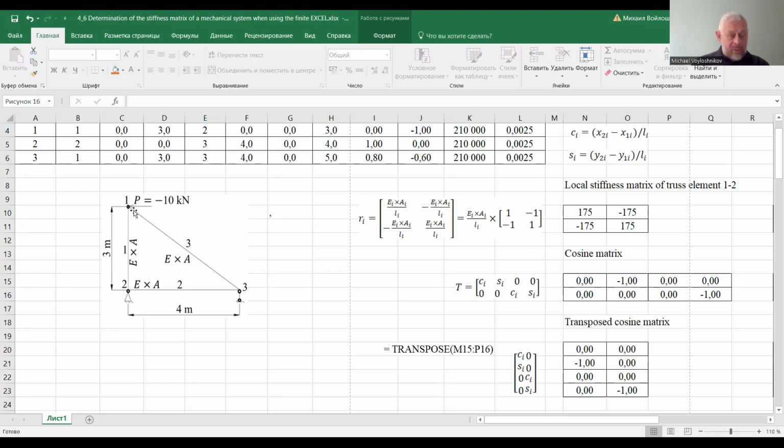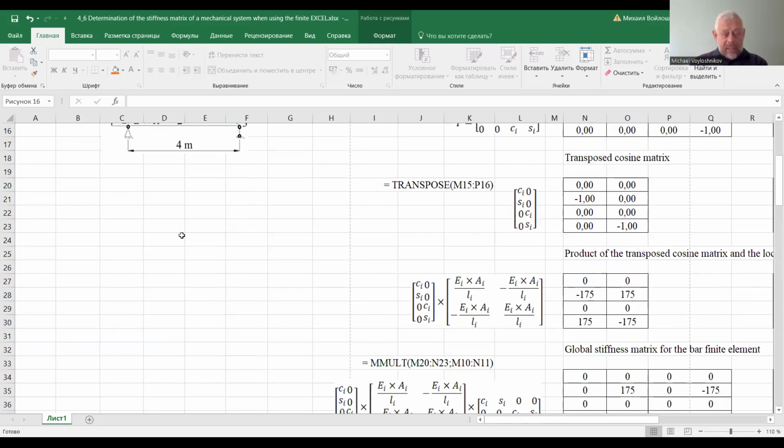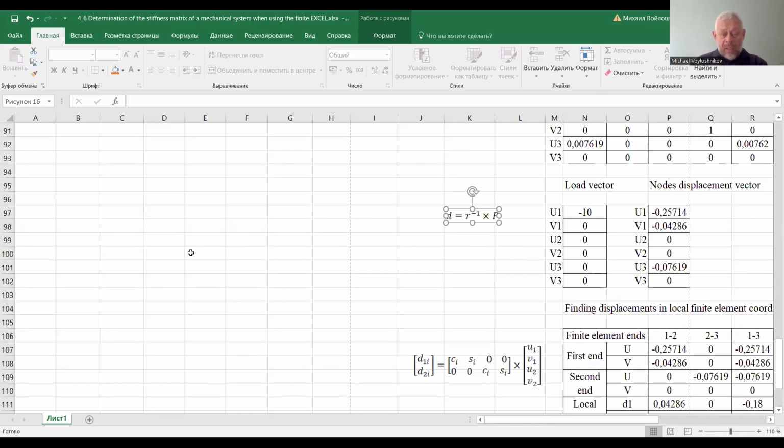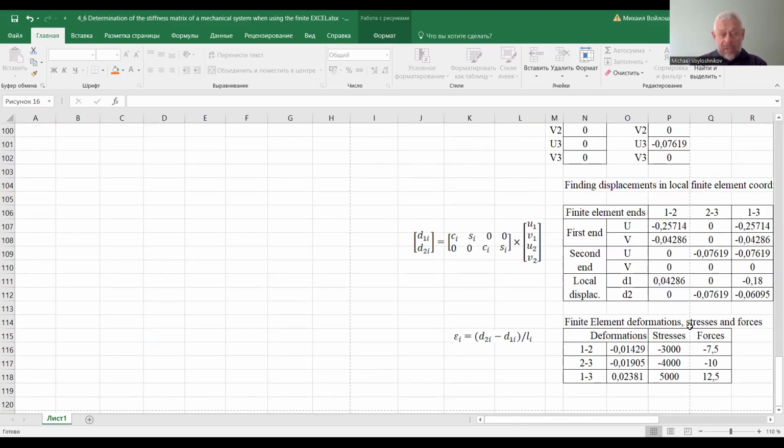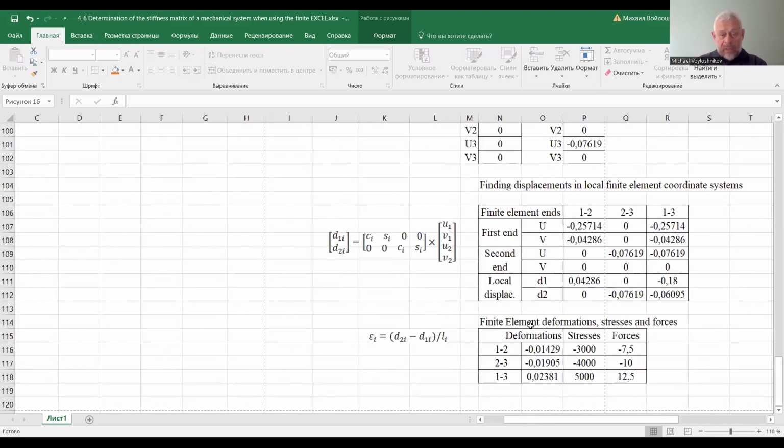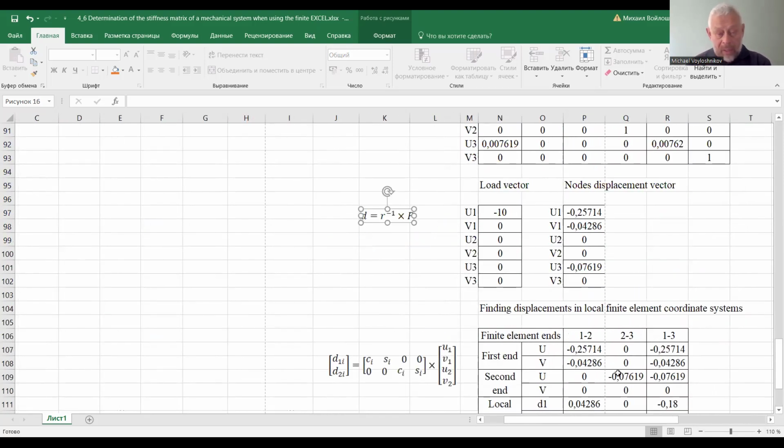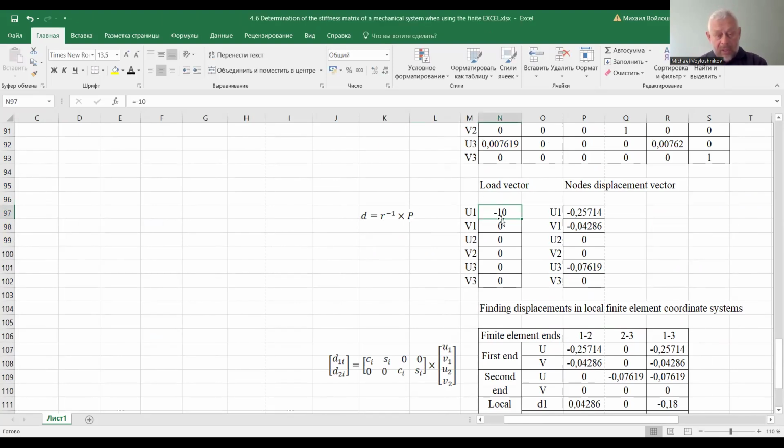In the vector description of the external load, the load vector, we indicate -10, the leftward force applied to the first node. All other nodes are not loaded.